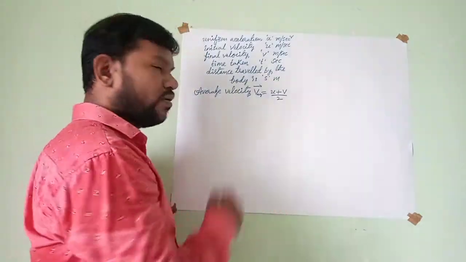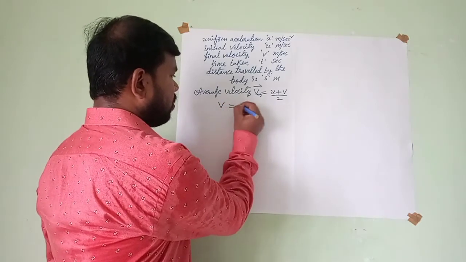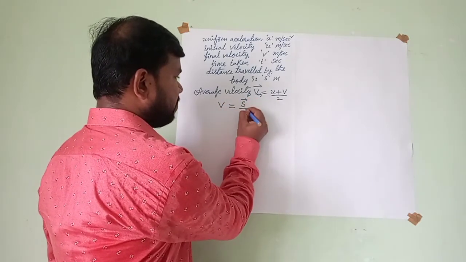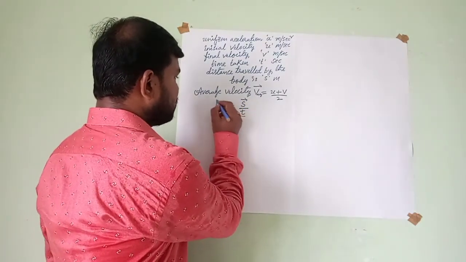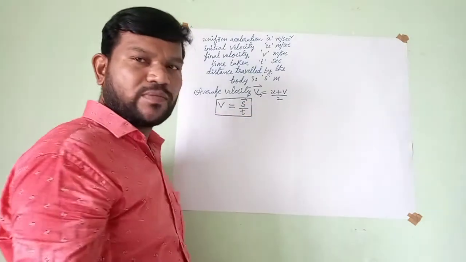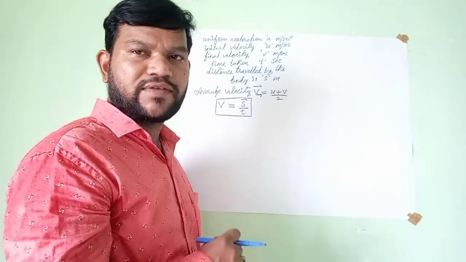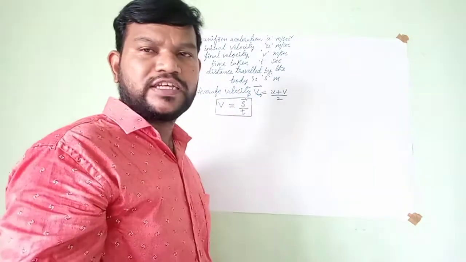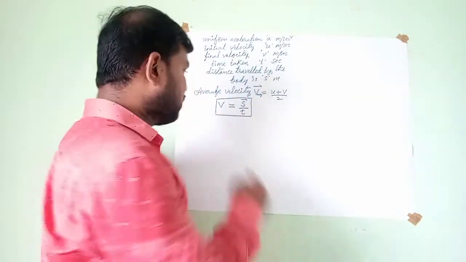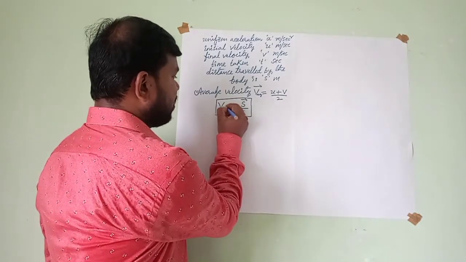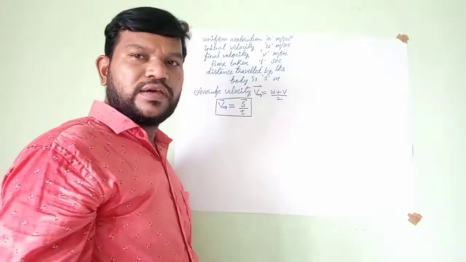We know the velocity formula: velocity is equal to displacement by time taken, V = S/T. Here S means the distance or displacement traveled by a body in a specific direction, by time taken. So for average velocity, V_avg = S/T.